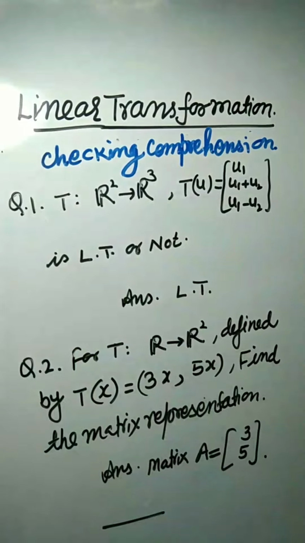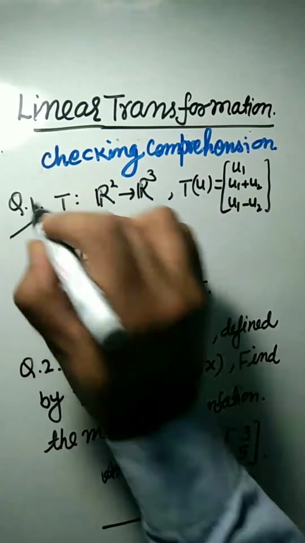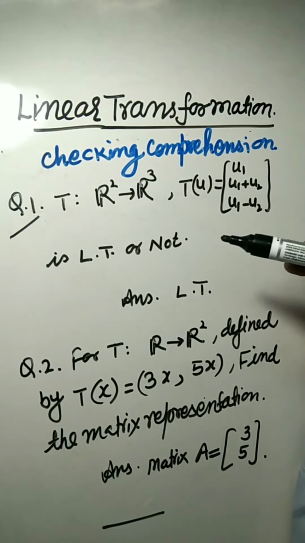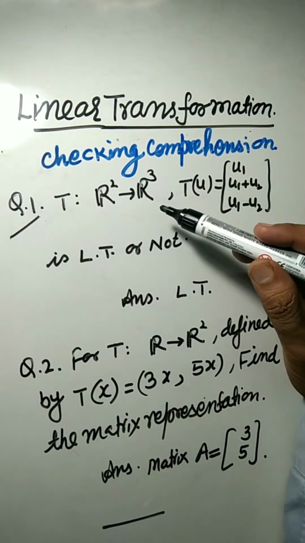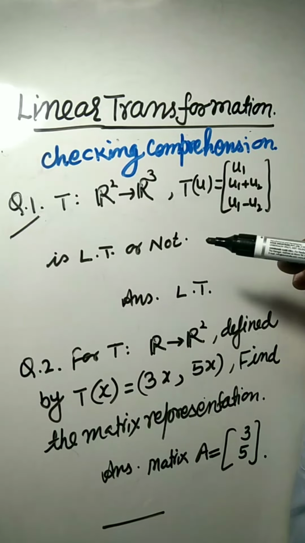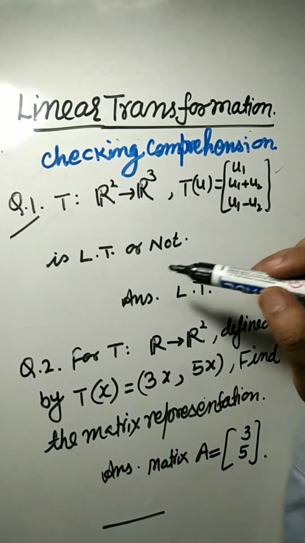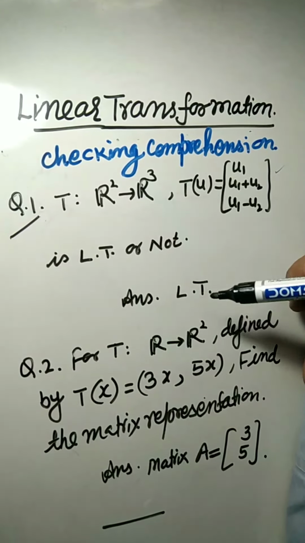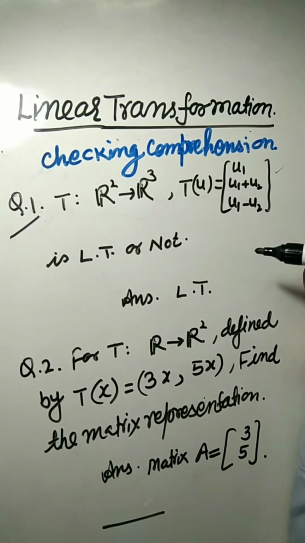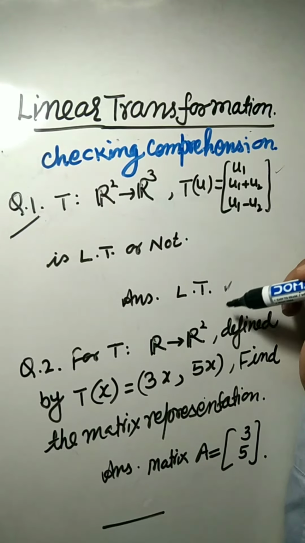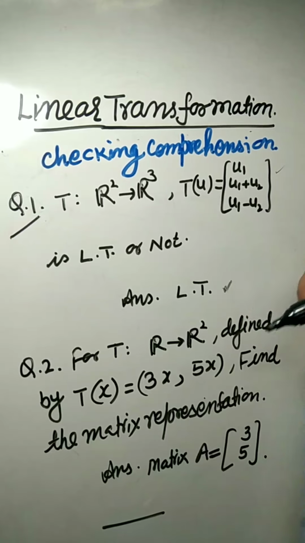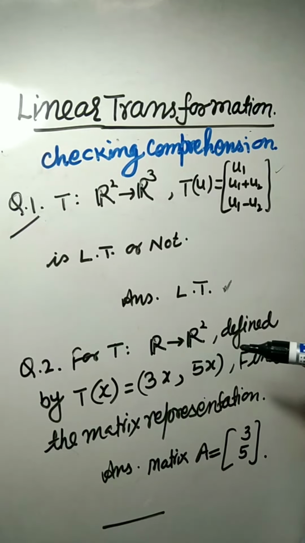This is question number 1. The transformation goes from 2-space to 3-space, defined by this one. Is it a linear transformation or not? One can apply both properties, and this is the answer: this is a linear transformation.